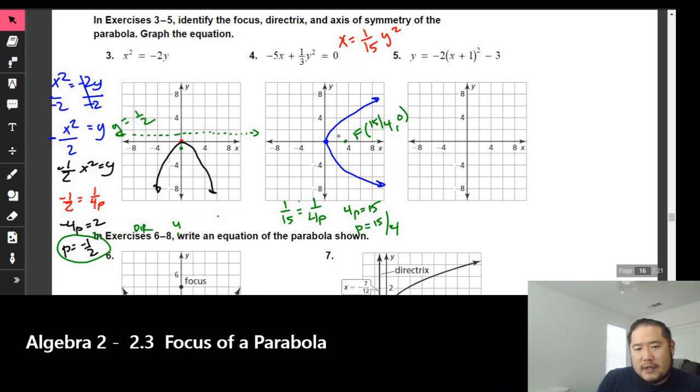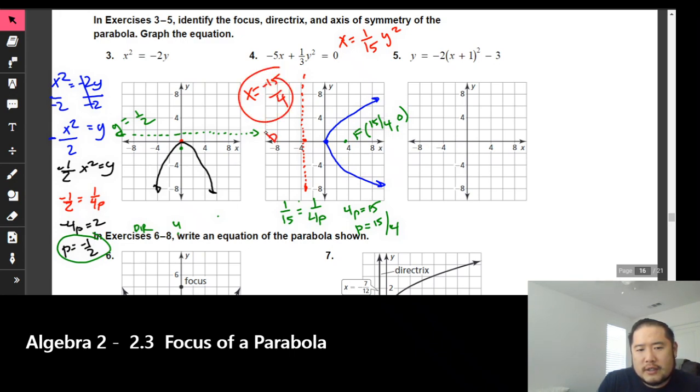So for your directrix, it should be equidistant, the same way on the other side, on the opposite end. And remember, this is an equation of a vertical line. Vertical lines start with the equation x, and x is going through this point, which is negative 15 over 4.